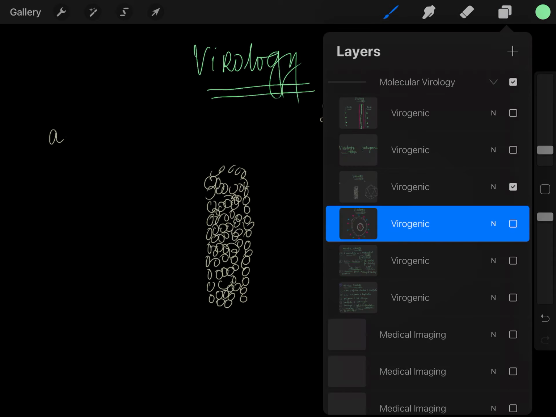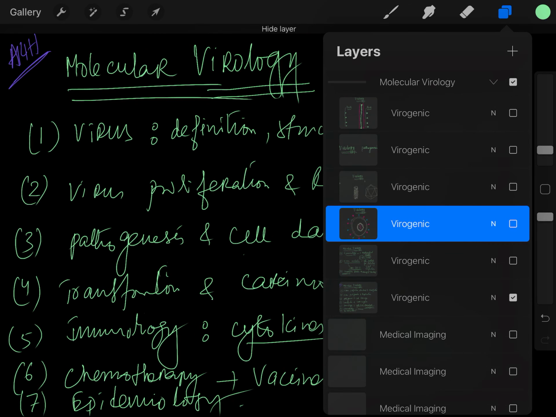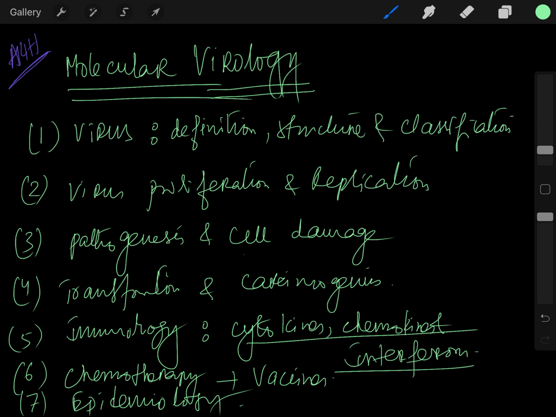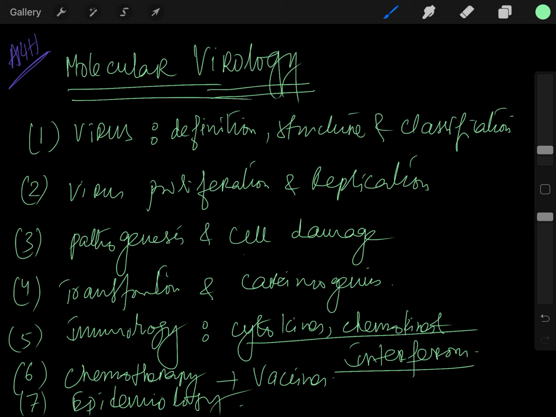Once we're back, we'll go into the other theory topics: proliferation, how it expands and damages our body, its transformation into developing carcinogenic properties, immunology, chemotherapy, and epidemiology, which is in the next chapter, and then move on from there.